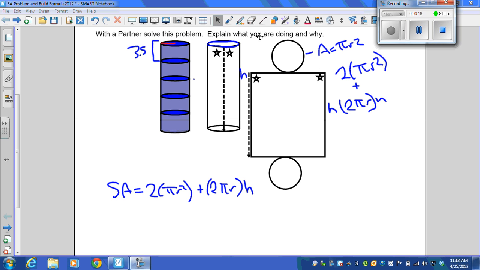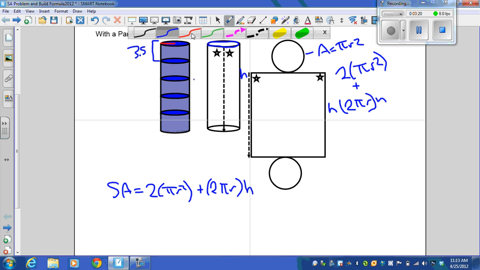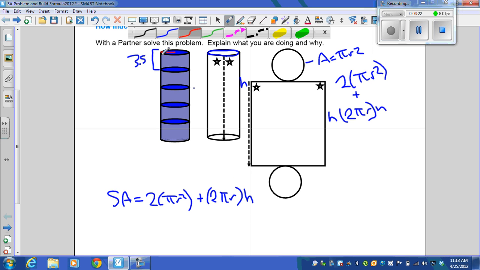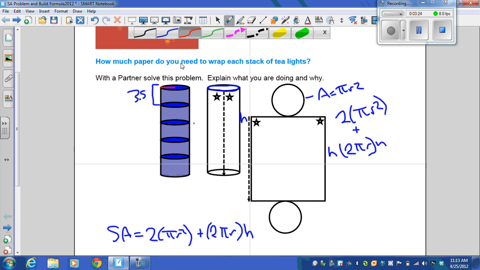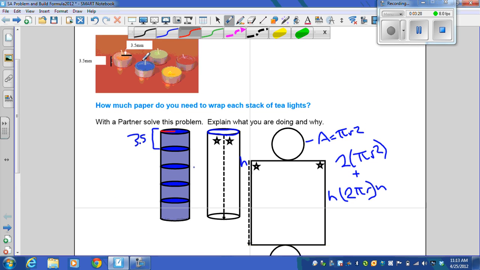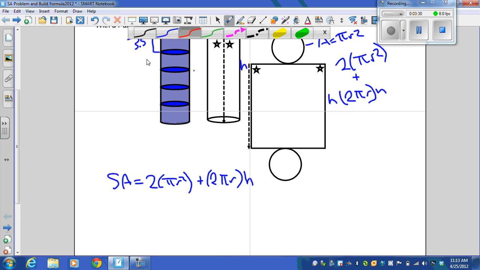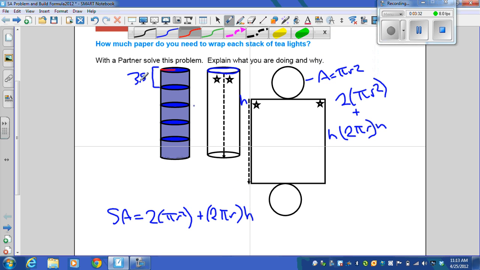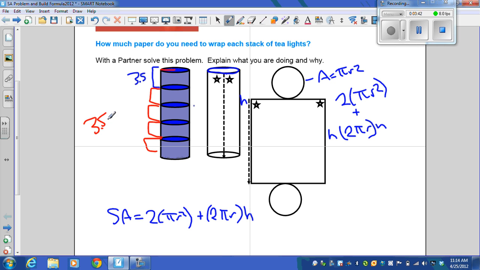Now, to solve this problem, we have the height of one tea light, which is 3.5, and if you look at the picture, our radius is also 3.5. Now we have 3.5, and there are 1, 2, 3, 4, plus the top one is 5. So the height is going to be 3.5 times 5.